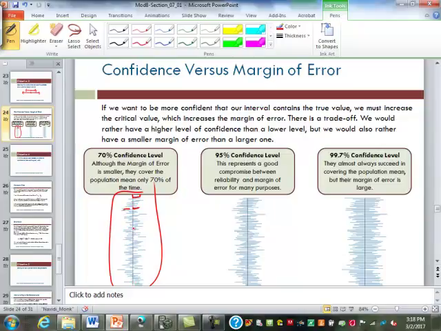This is a 70% confidence level, so each of these is a 70% confidence interval. If you were to go up through there, 70% of those actually contain the population mean, which means 30% of them don't. So you can see that one's not very reliable. 30% is almost 1/3 of the time it misses the true population mean.